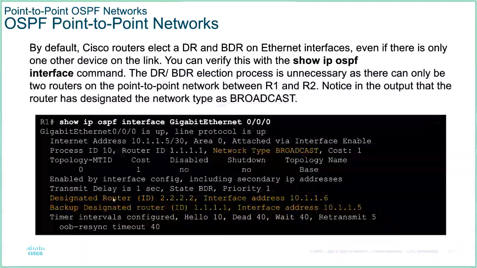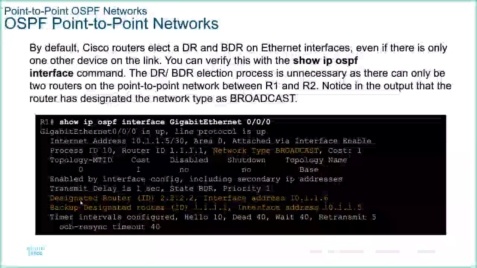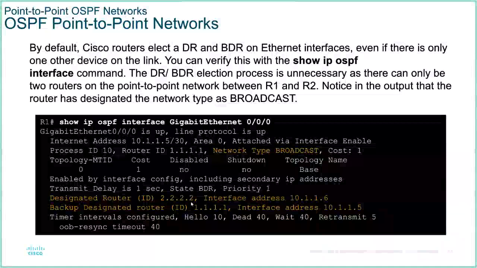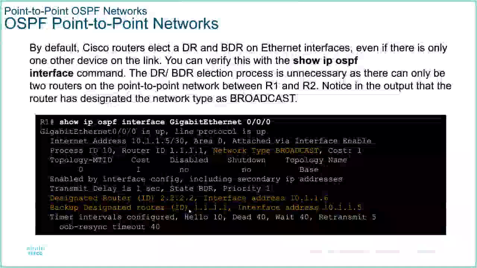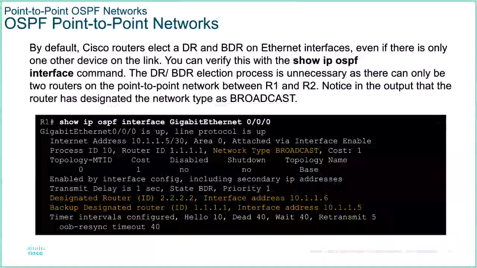But if we look down a little bit further, it will tell us the ID of our designated router and our backup designated router, and what the IP address is that we can communicate with them on. And following that, we have our timers. Our timers need to be the same.